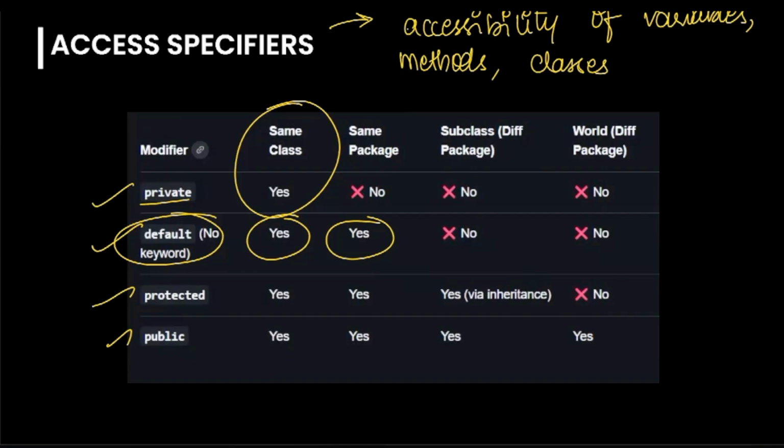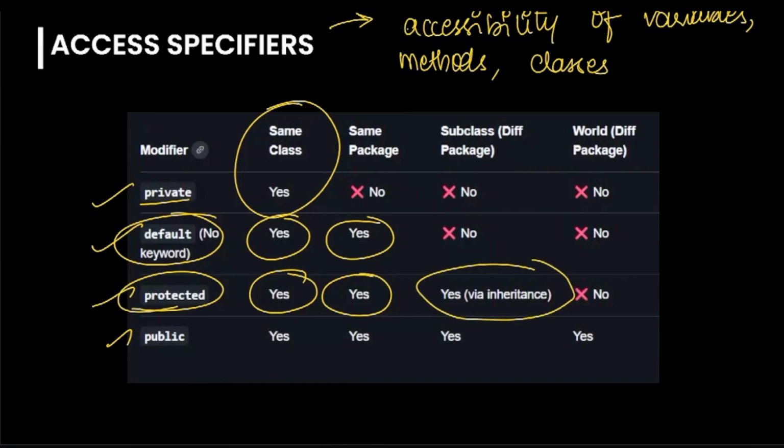Okay. Now, the other type is protected. A protected variable, method, or class is accessible within the same class, within the same package, and also within a subclass. And we will learn what a subclass is later on in the inheritance classes that we have coming on.